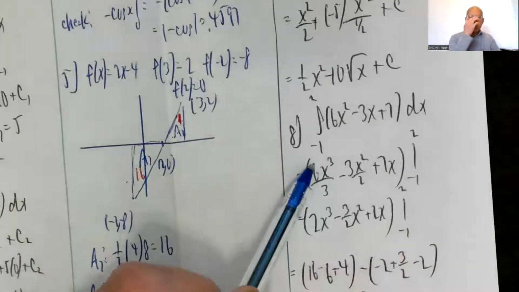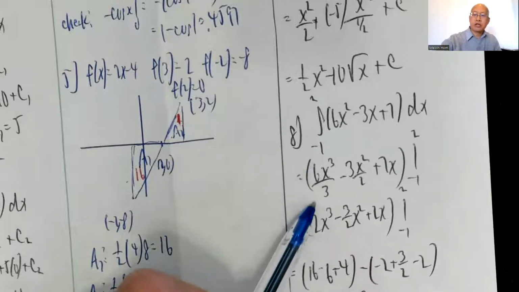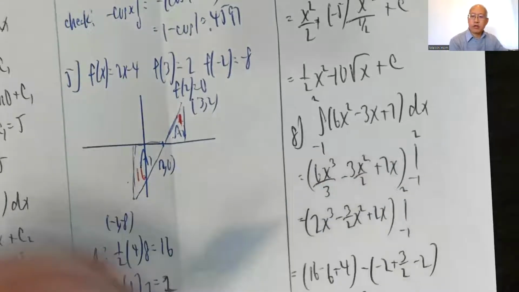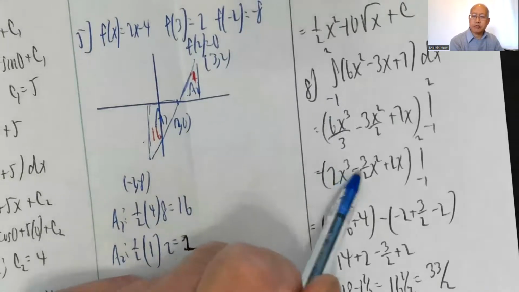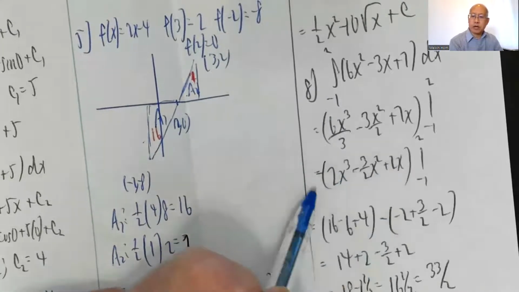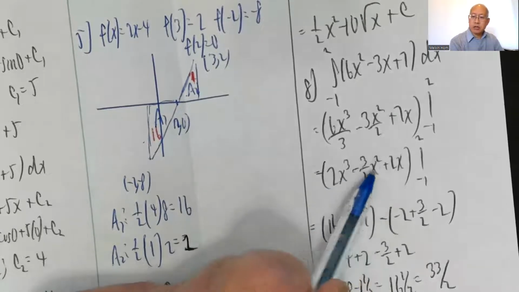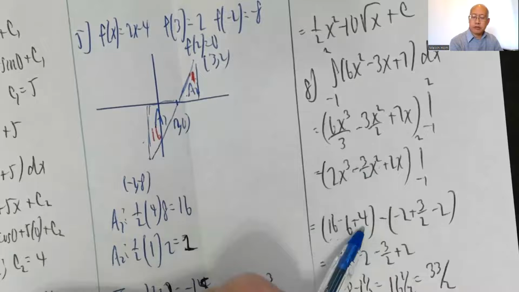Number 8, fundamental theorem of calculus part 2, straightforward. Just integrate 6x cubed over 3 minus 3x squared over 2 plus 7x from negative 1 to 2. That's the same as 2x cubed minus 3/2 x squared plus 2x from negative 1 to 2. Plug in 2: 2 times 8 is 16, minus 3/2 times 4, that's 6, plus 2 times 2 is 4.